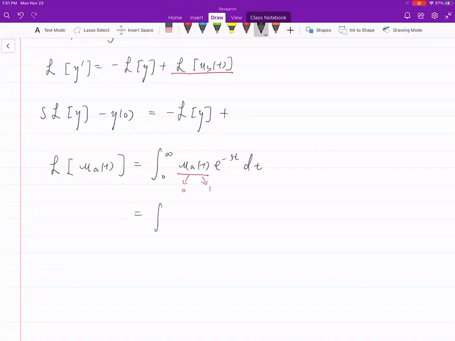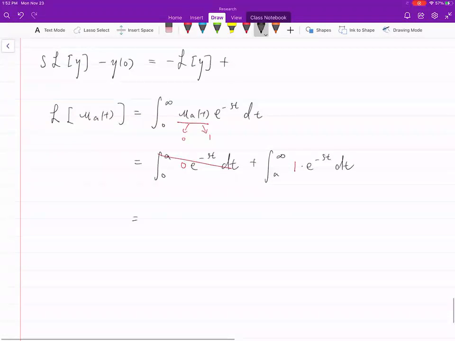So I can split the integral from 0 to a, where I can replace it by 0, and you can see this whole thing is 0. Plus from a to infinity, I can replace it by 1. Okay? With that in mind, you know how to do this.